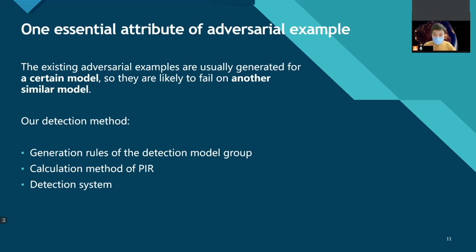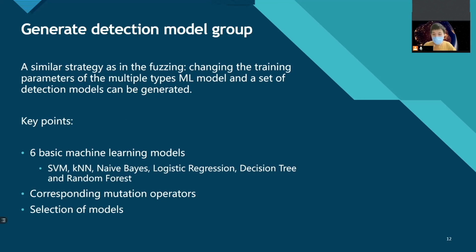Next, I introduce the two main methods and the final detection system in turn. The first main method is mutation model generation. We take a similar approach as in fuzzing to generate a detection model group. In other words, the training parameters of some normal machine learning models can be adjusted to generate similar mutation models. It contains 3 key points.